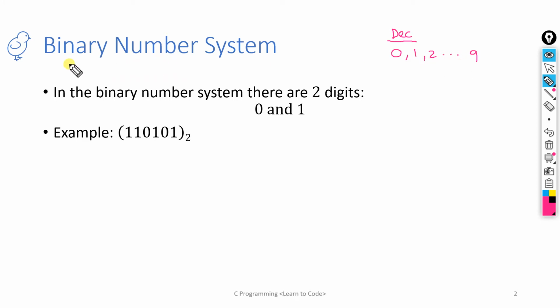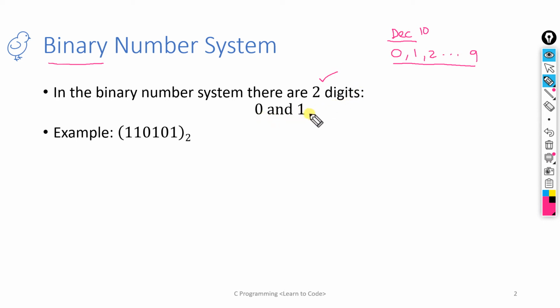But when a binary number system is concerned, you have to use two digits. Decimal stands for 10, so you use 10 digits. But in the binary number system, as bi means 2, you will use two digits to create a number. So what are the two digits?